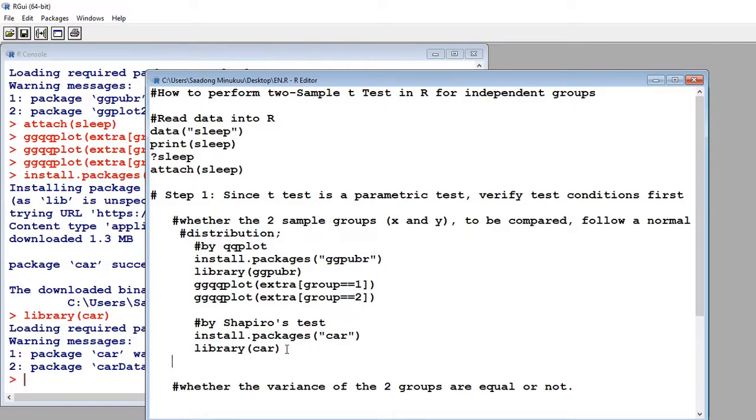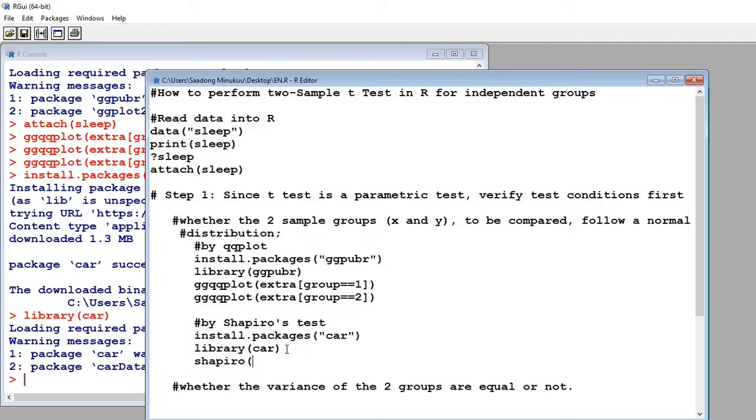It's very simple. We simply say Shapiro, into brackets. We are actually going to do it for both groups. Our quantitative variable here is extra.